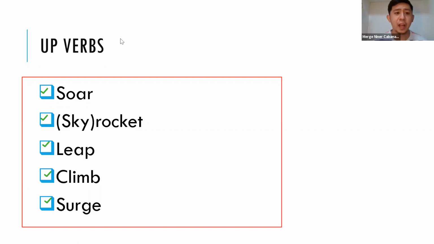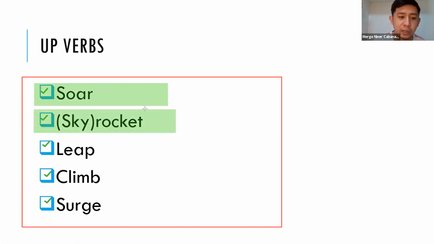If I am pertaining to very large increases, then I will use soar, I will use skyrocket. Let's say from 10 to 190. Let's say in 1995, there were only 10 students enrolled in the University of New South Wales taking the economics course, but it soared to 190 after 2 years.